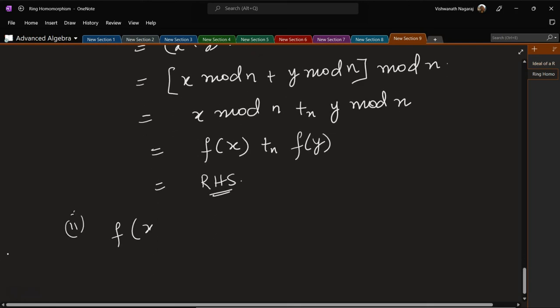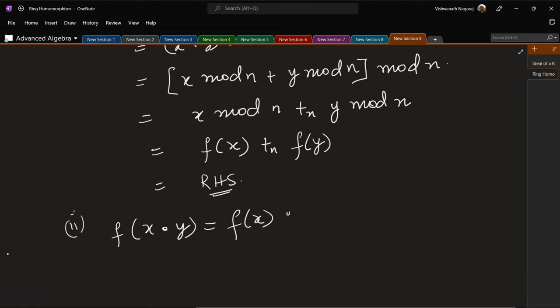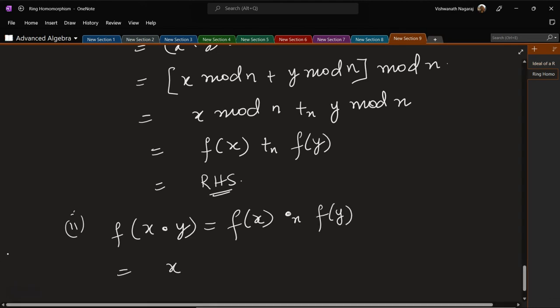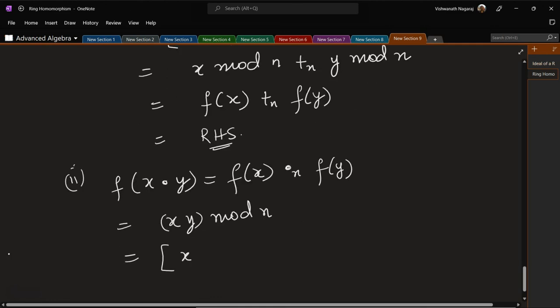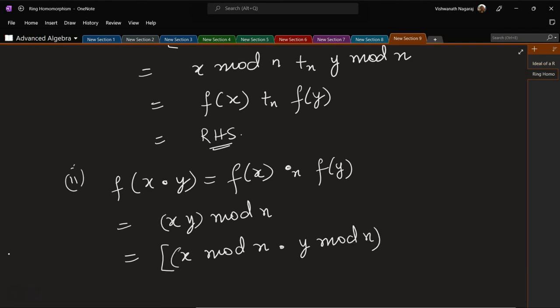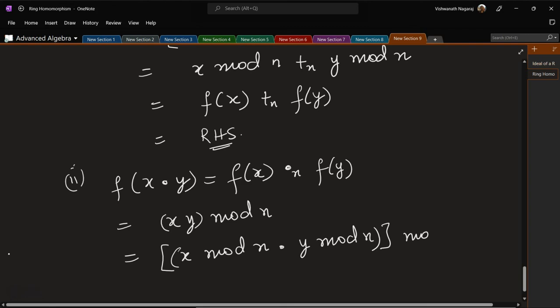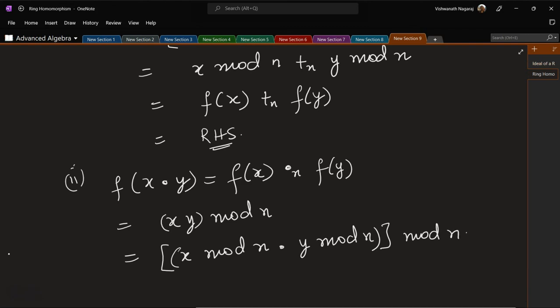That says f of x times y is equal to f of x multiplication modulo n f of y. So here again, this can be written as xy mod n, which can be written as x mod n times y mod n. This is modular properties. And finally mod n, because the product of two Zn elements may go beyond n.